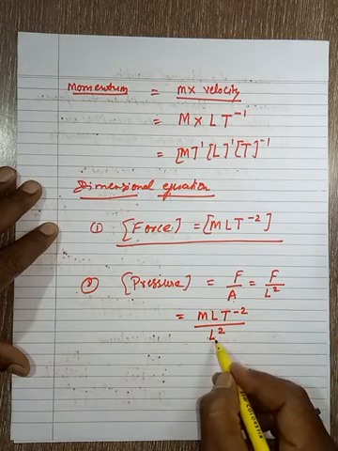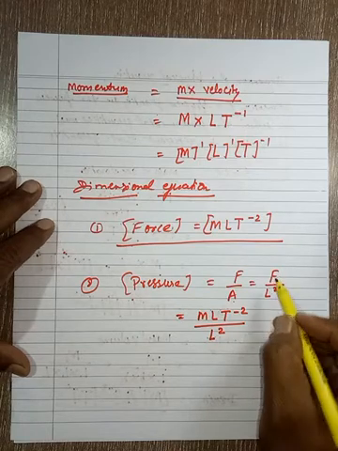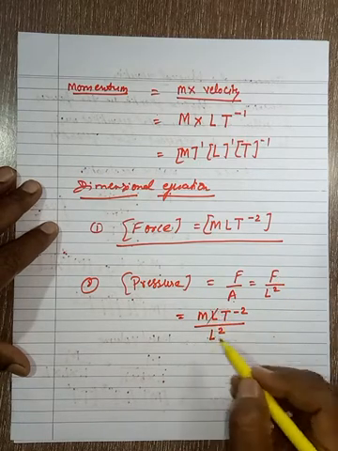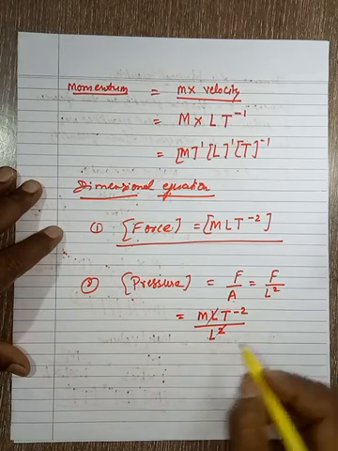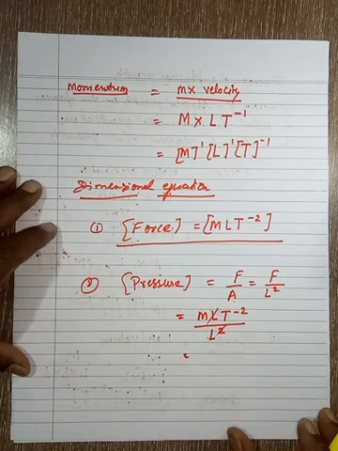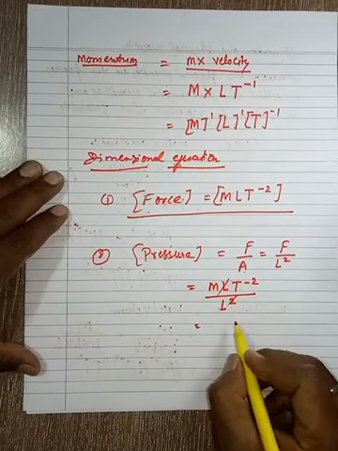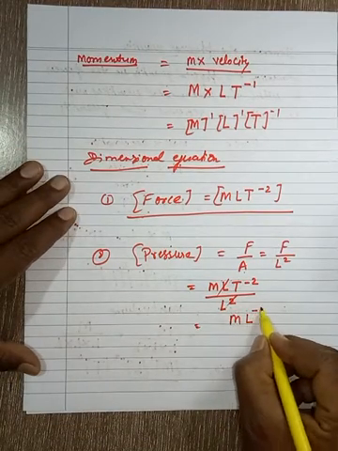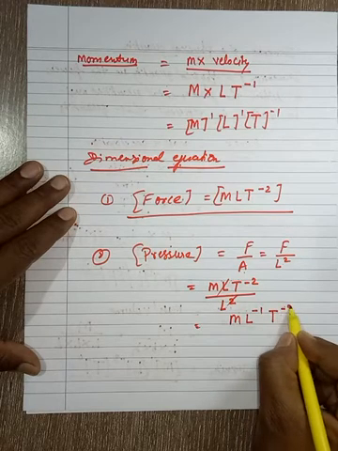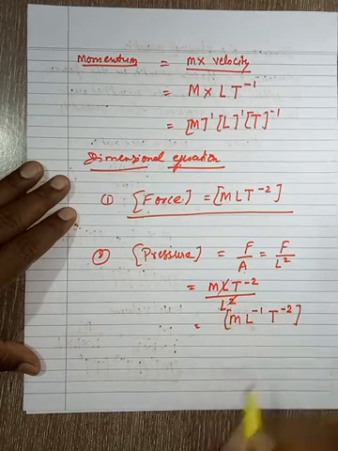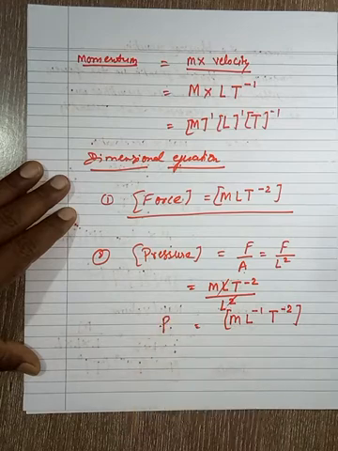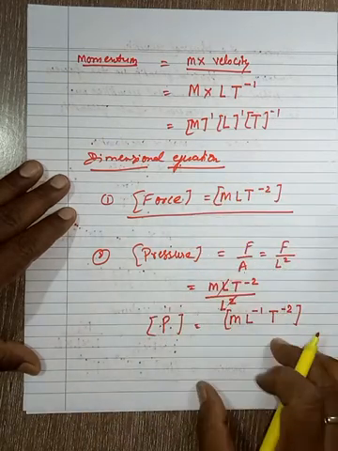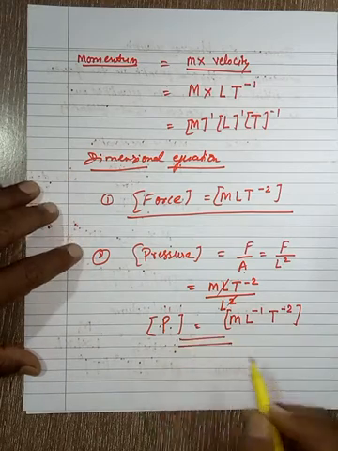One L will be cancelled, and we come out with the answer M L minus 1 T to the power minus 2, right? This is for pressure. So this is the dimensional equation, right?